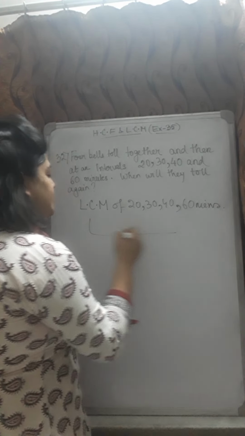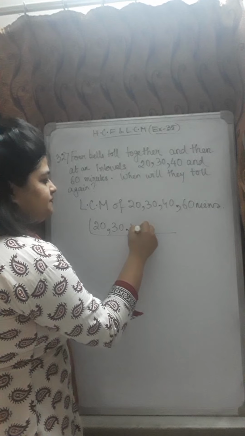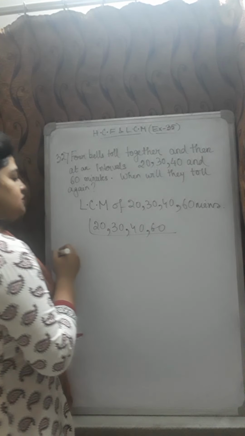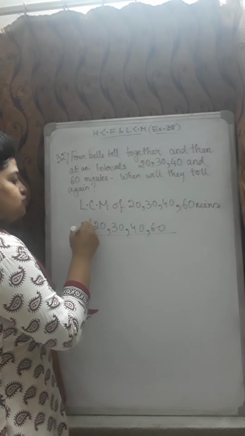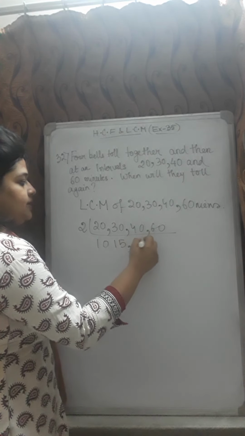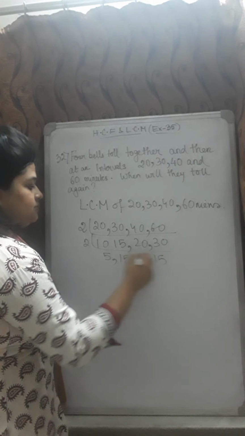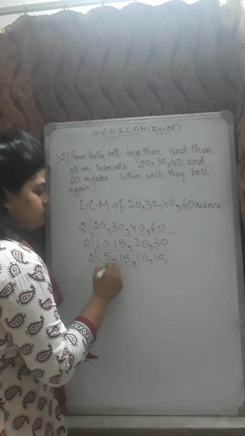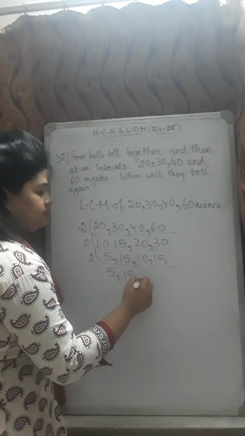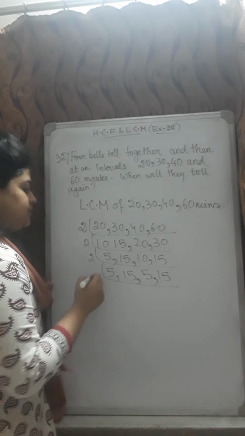So if I find out the LCM, I will get the answer. Very easy. You can do it by dividing with 2: 2 tens are 20, 2 15s are 30, 2 5s are 10. Now you can divide with 3.